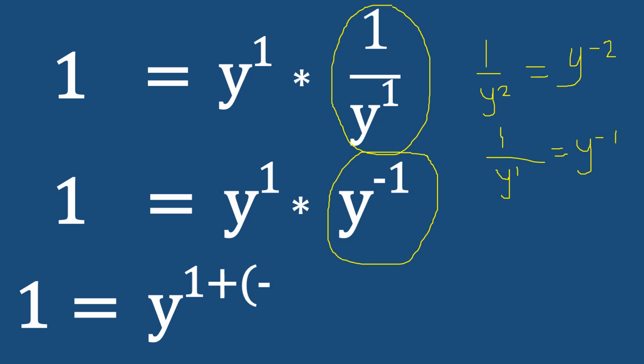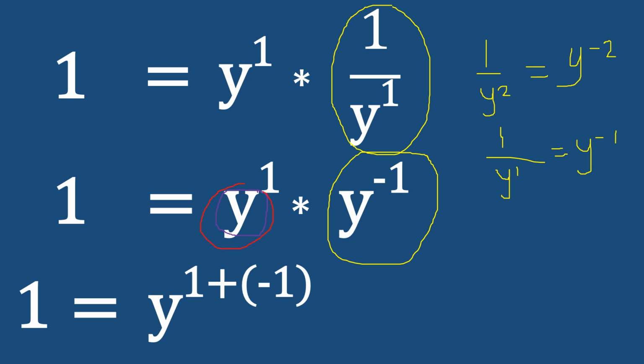So 1 is equals to y raised to the power 1 plus bracket open minus 1 bracket close for that particular expression. Now, what happens and why did we have that? In the law of indices, when you have a common base, what's the common base? The common base is y.